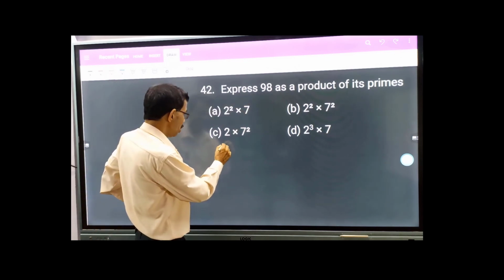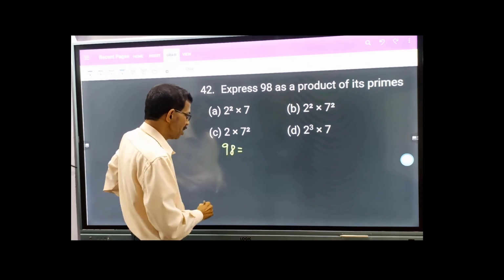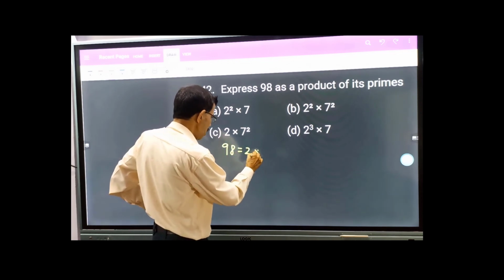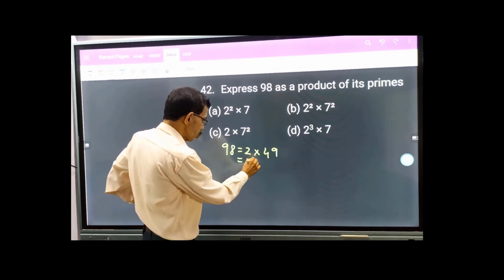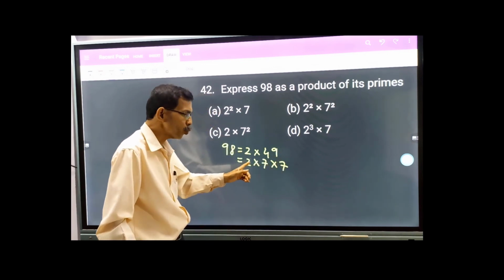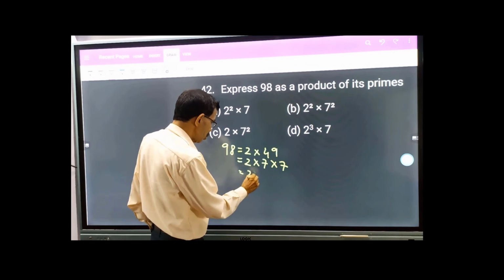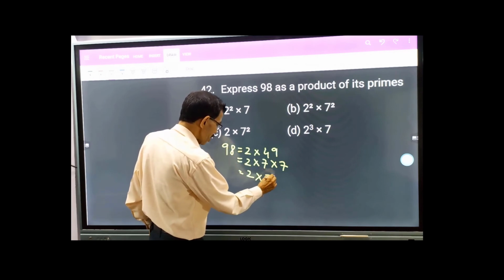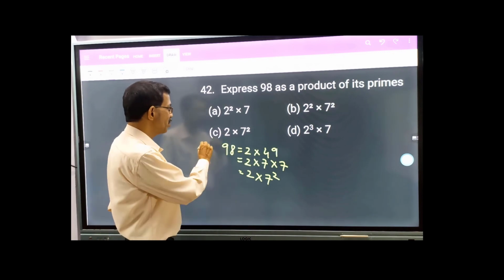So you have to take the number 98 and this can be written as 2 into 49. Further, this can be written as 2 into 7 into 7. That is because 2 and 7 are prime numbers. So finally this will lead to 2 multiplied by 7 square. And the correct option here will be option C.